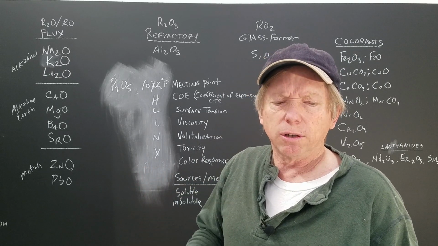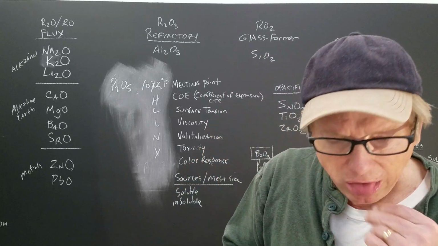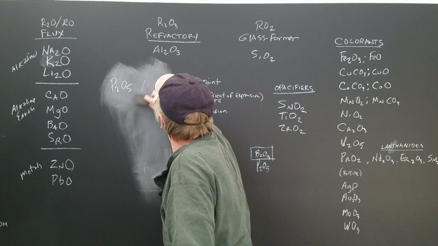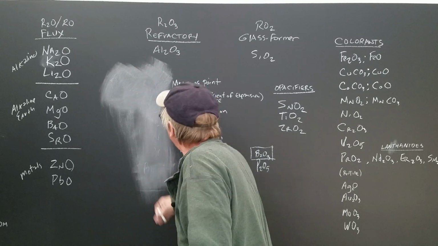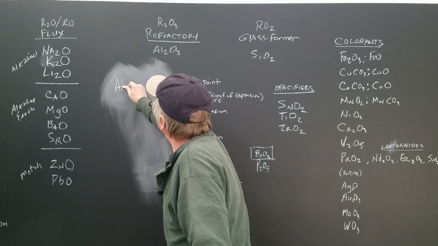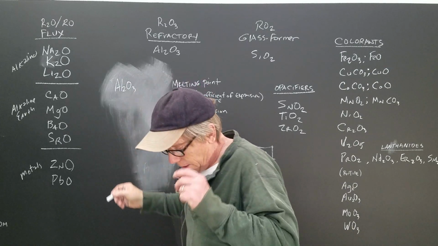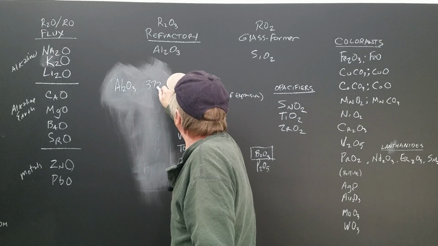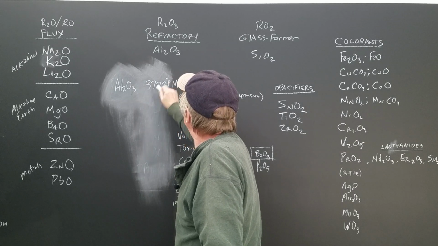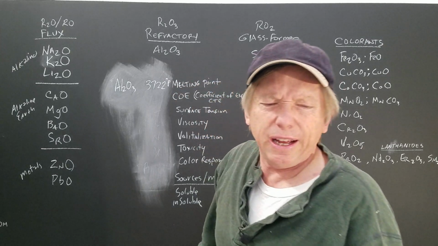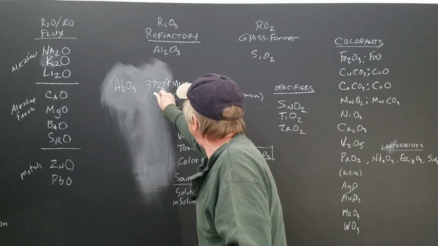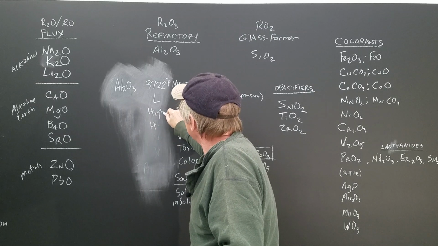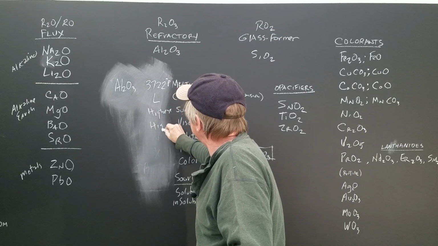and frits. Okay? Let's see if we can swing in alumina while we're at it. So alumina, that's our main refractory. That melts at 3722. It has a low coefficient of expansion, has the highest surface tension, and the highest viscosity.